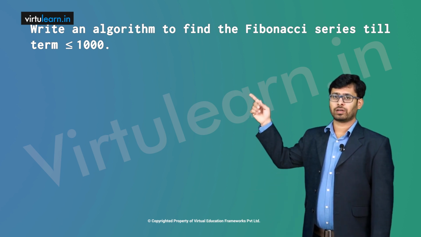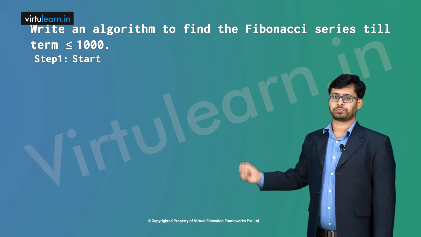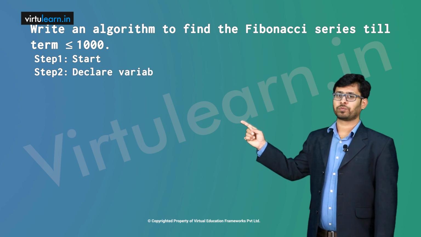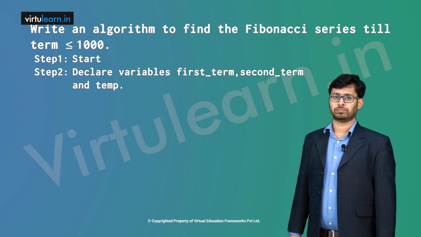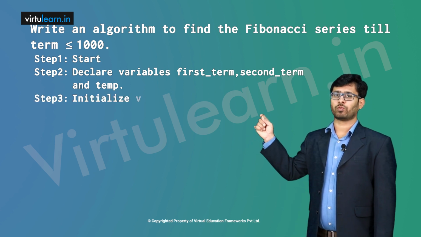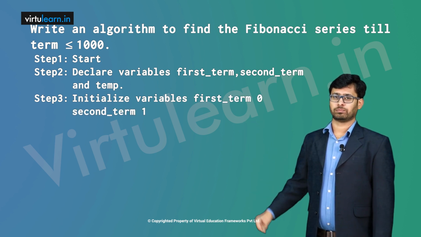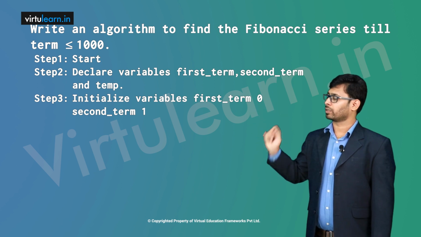Now let us take the algorithm steps. The first step is start. Step 2 is declare the variables first term, second term and a temporary variable. Step 3 is initialize the first term as 0 and the second term as 1, because in the series the first term is 0 and the second term is 1.